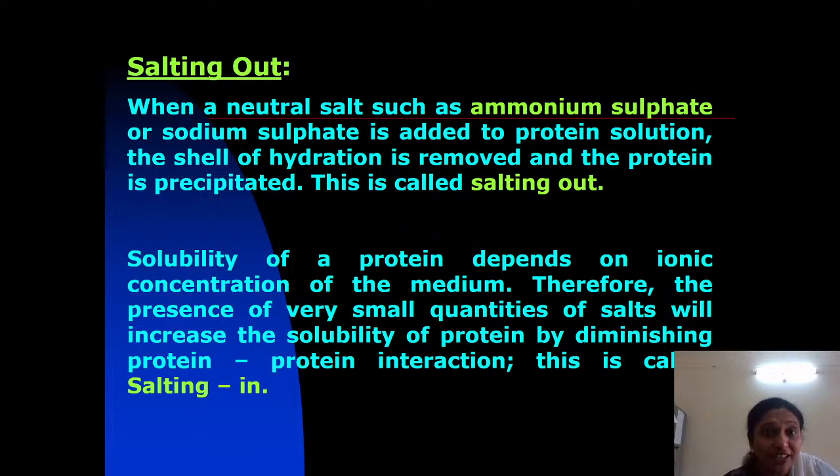By salting out, there are two tests: the half saturation test with ammonium sulfate, and the second one, the full saturation test with ammonium sulfate. What is the difference between half saturation and full saturation? In half saturation, we take an equal amount of saturated ammonium sulfate and protein solution.